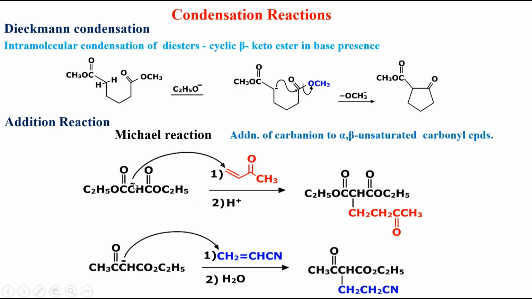This electron-rich carbon forms a bond with the carbon over here. Pi electrons move over to this carbon and this becomes O minus and it gets added up. It can undergo Michael addition reaction.